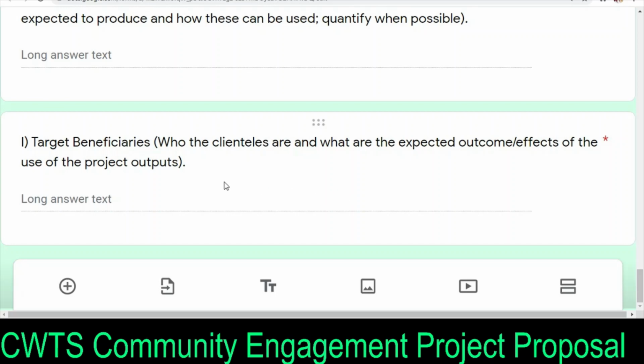Okay, so specify this as these are part of the proposal. These are all parts of your project proposal.